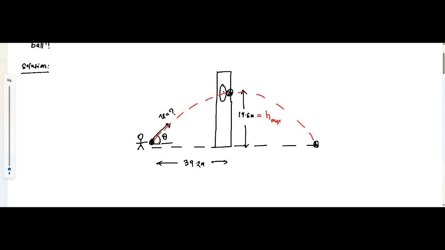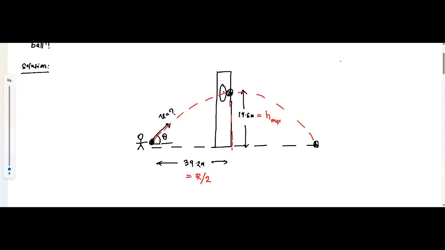Then when it just passed through the window on that building, at that point the distance from the starting point is R by 2. At the point of maximum height, if we draw a dotted line downwards, that point from the starting point will be R by 2, half of the horizontal range.